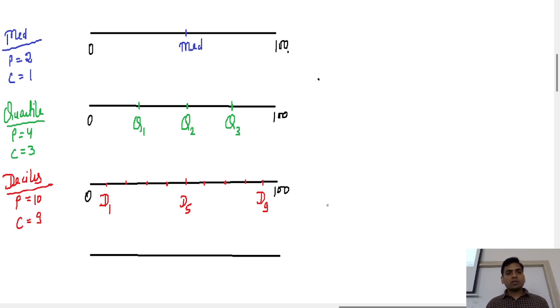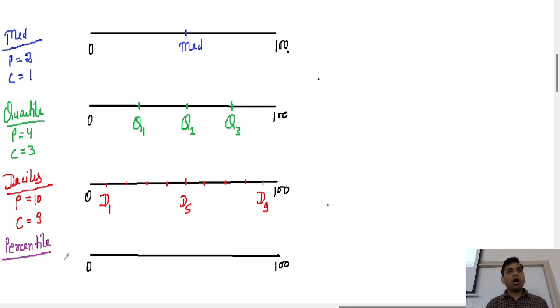Next is percentile. Percentile is associated with 100 parts, as in percentage. It starts from 0 and goes to 100.